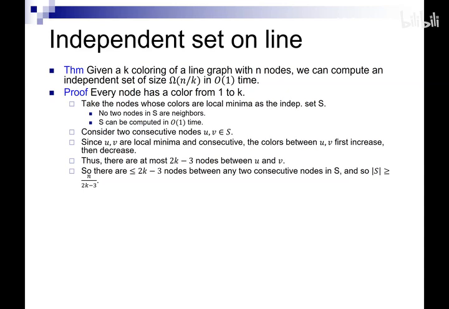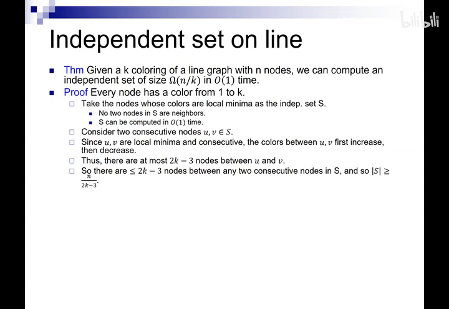Then on that line graph, you can compute an independent set of size omega of n divided by k, that is, at least n divided by k, in constant time. So if your k is a constant, like 3, then you can find an independent set of size at least n over 3 in constant time.